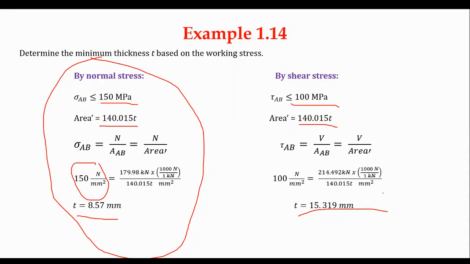So, ang pasubutan T equal to 15.319, dili kaya sa shear stress na magpapayat pa siya maayo. Ang kaya lang niya na payat or ang thickness na kaya niya dapat 15.319. So, kinsa man atong pilion?